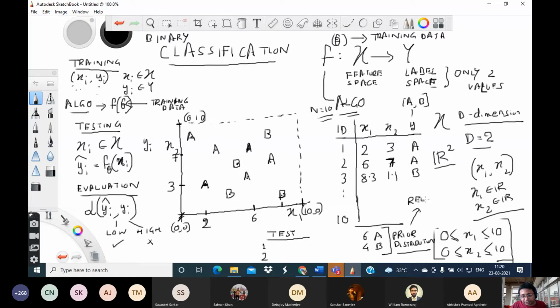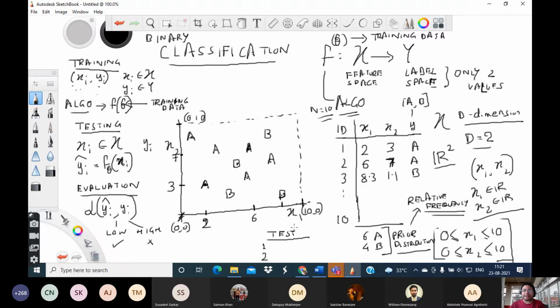Relative frequency of the labels. This concept of prior distribution we won't use today. We will use it in more detail after maybe a couple more weeks, or maybe 3 weeks. But the concept of prior distribution is quite an interesting one.